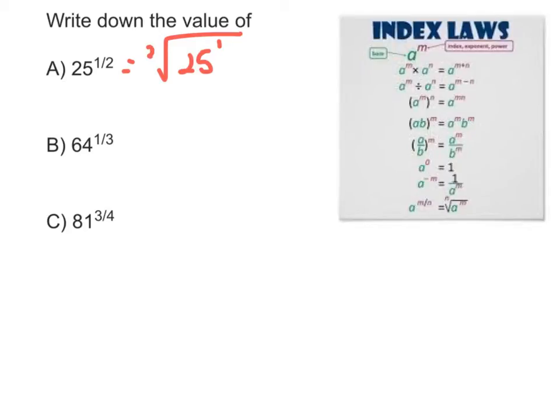So 25 to the power of 1 is just 25, and then this 2 represents the square root, so square root of 25 is 5, so that's the answer. So 64 to the power of a third would equal 64 to the power of 1, and then the third root, or cube root also known as. So 64 to the power of 1 is just 64, so the cube root of 64 is 4.